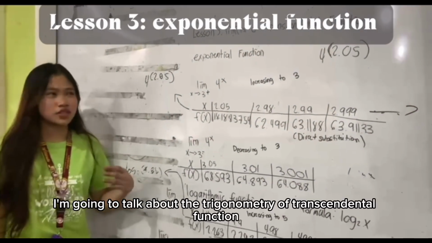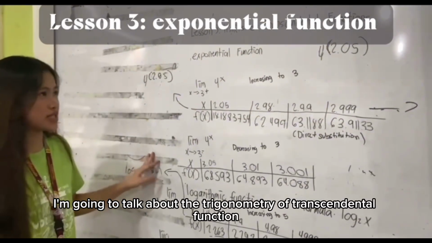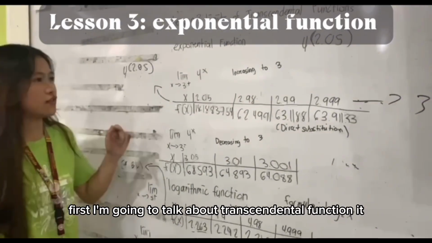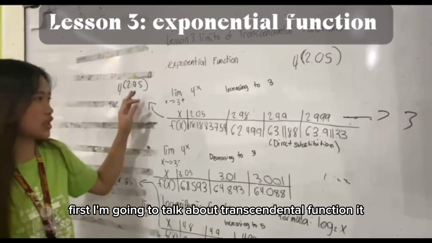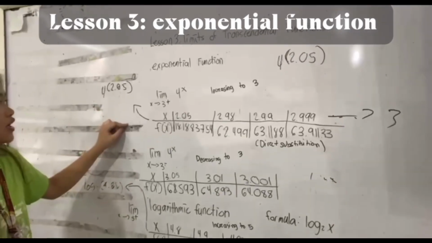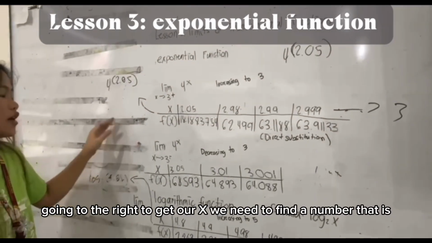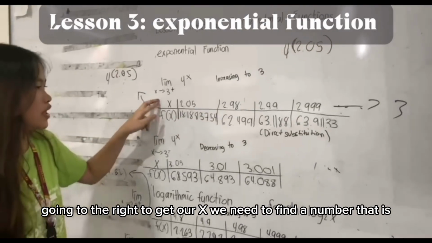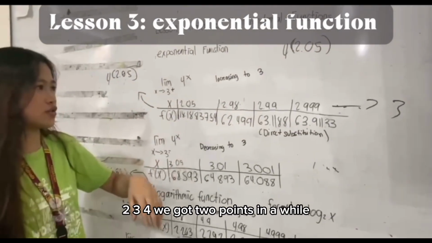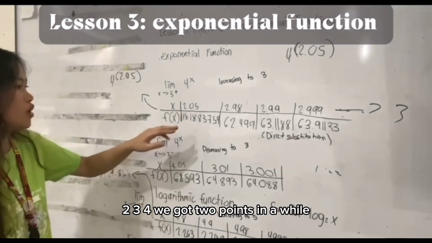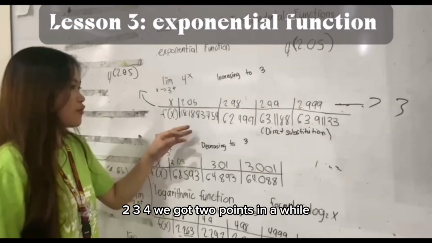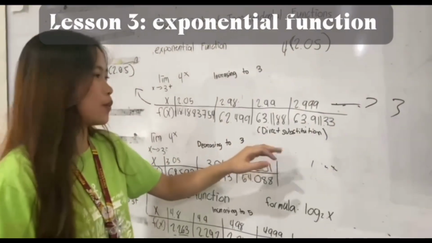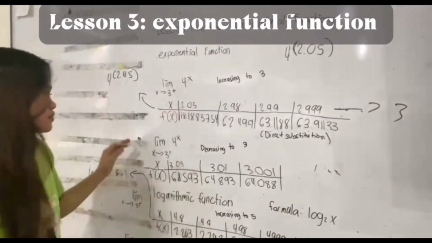Okay, now we will talk about the limits of transcendental functions. First, I'm going to talk about exponential function. Our limit is 3 from the right. To get our x, we need to find numbers approaching 3. So we got 2.05, 2.98, 2.99, 2.999.